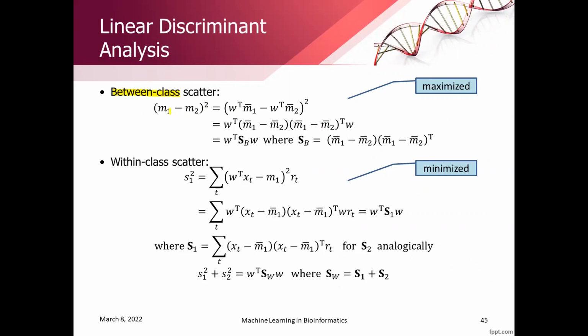M1 is the projected mean of the first class, so it can be computed from the mean by W transposed times the mean, minus the projected mean of the second class, and squared.